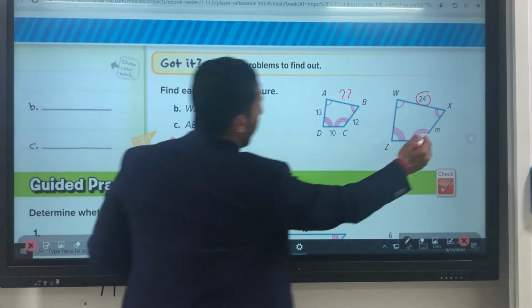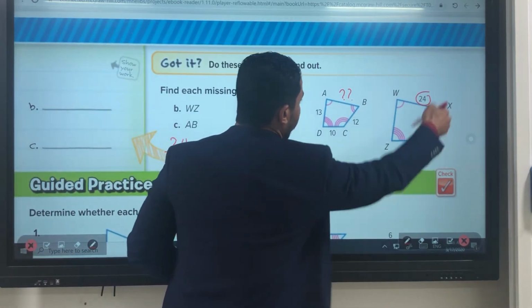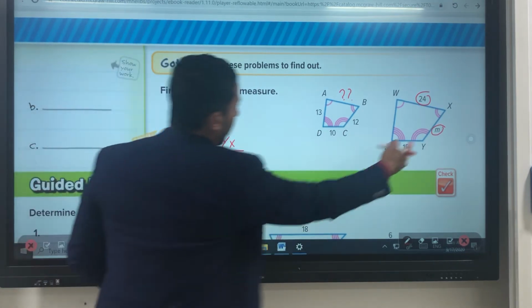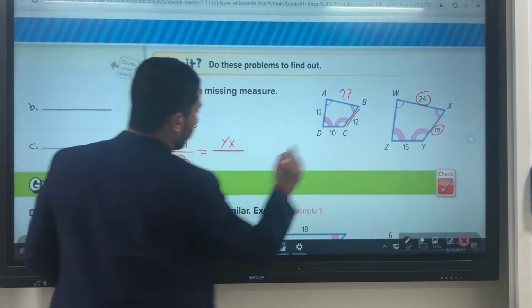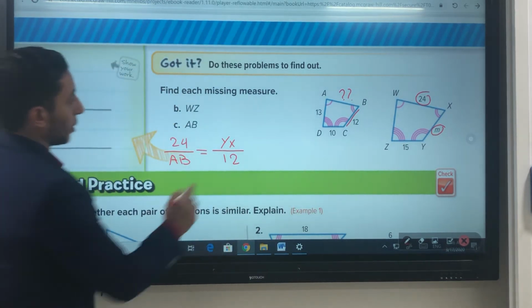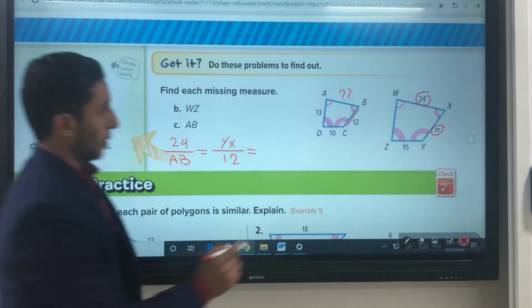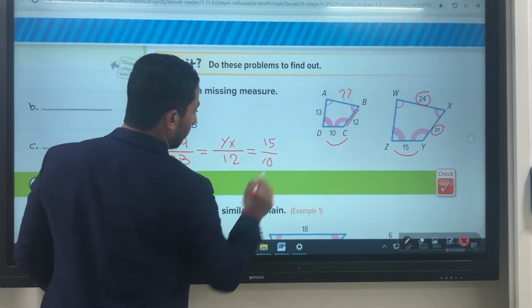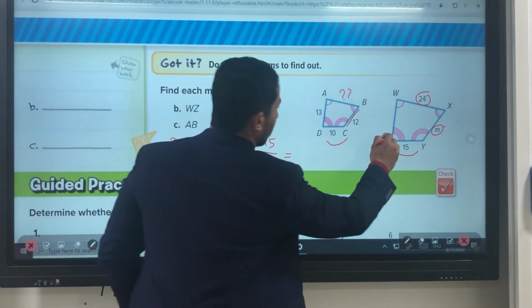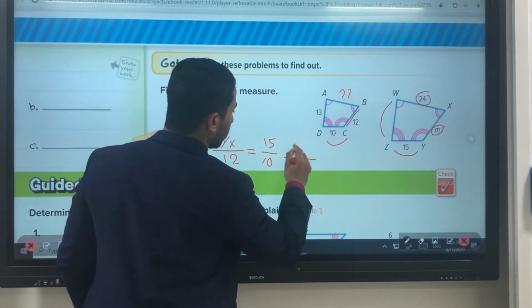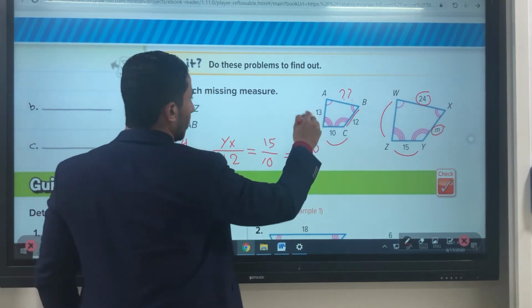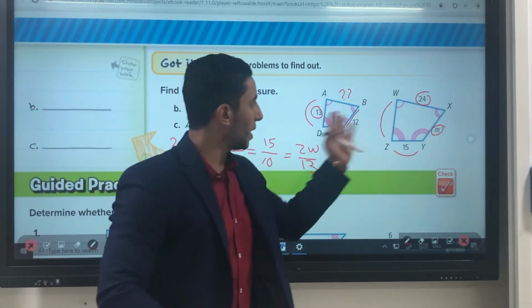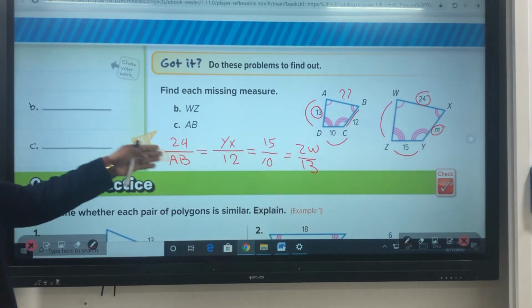So YX, unknown, over 12, equal 15 over 10, equal ZW or WZ over 13. So if I give you two similar polygons, you can use these ratios.